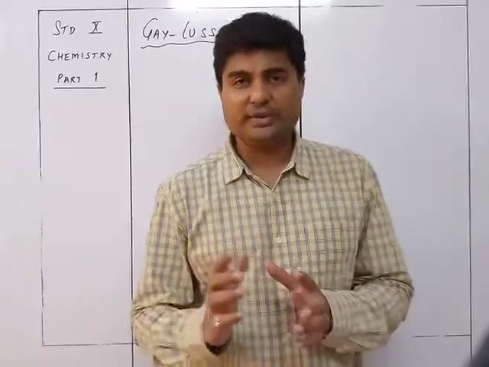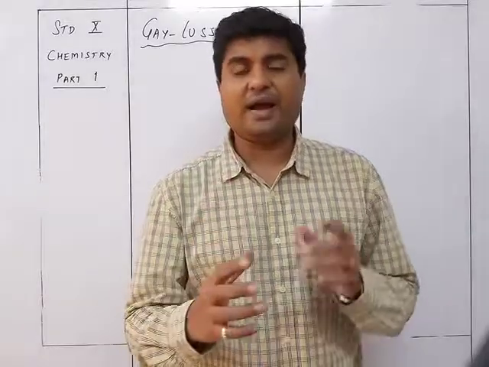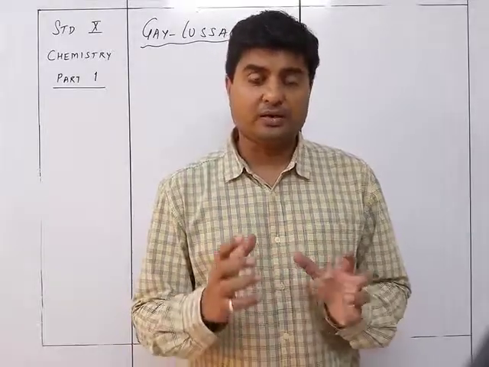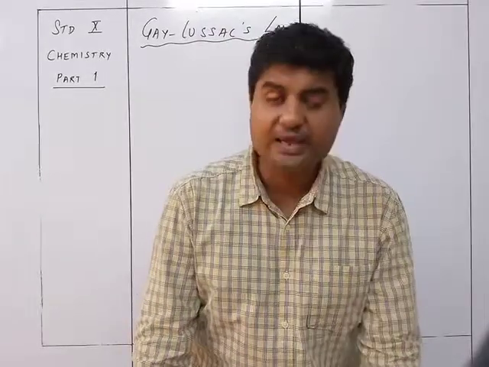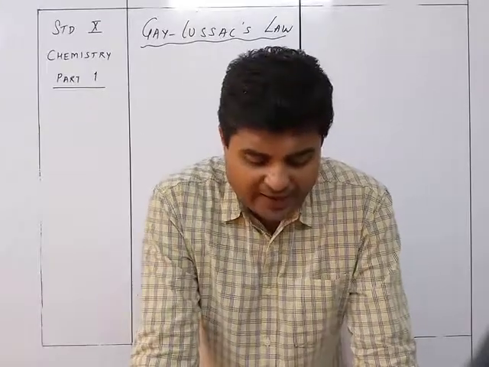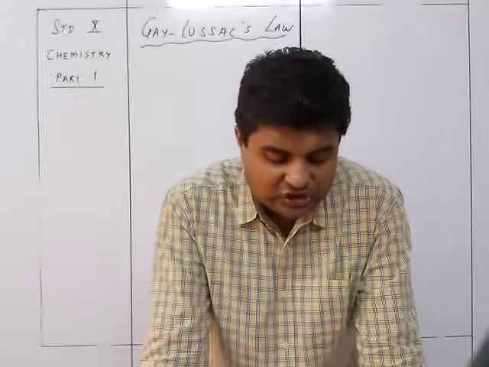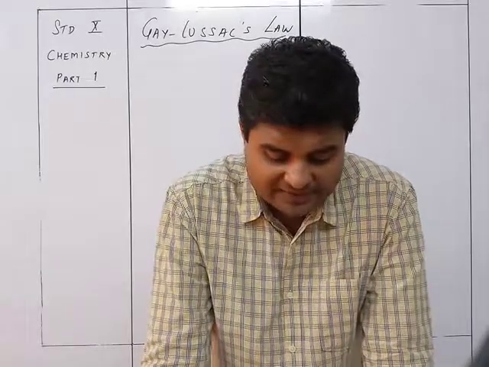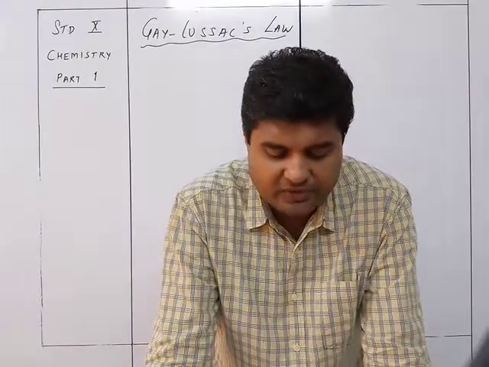So these two things, the one given by Boyle's law and Charles' law and the one given by John Dalton, were studied thoroughly by Gay-Lussac, and he gave his findings. In 1805, Gay-Lussac, on the basis of his experimental work, discovered a relationship between the combining volumes of gases used and products produced under the same condition of temperature and pressure.